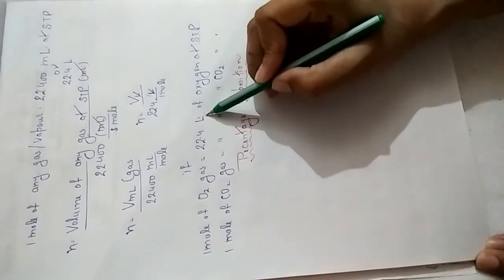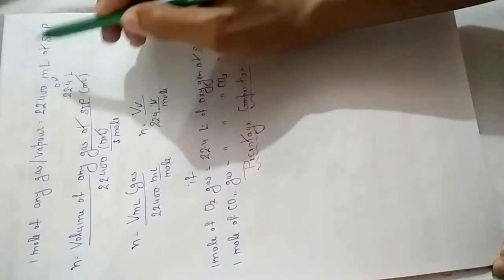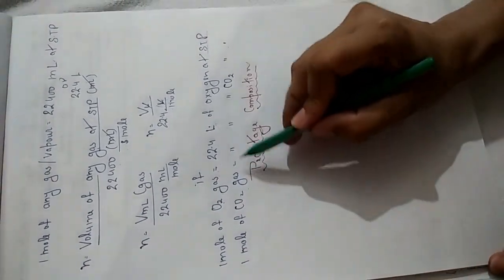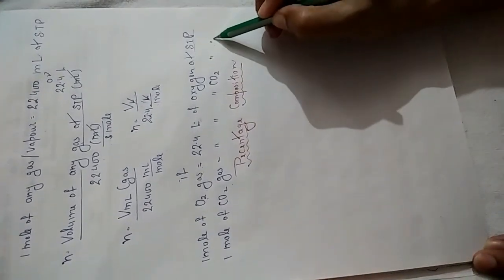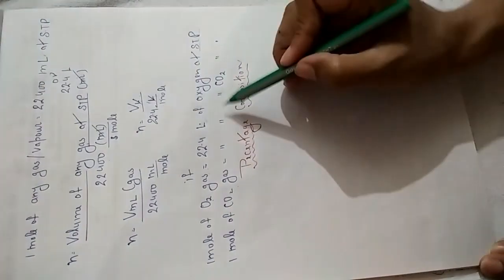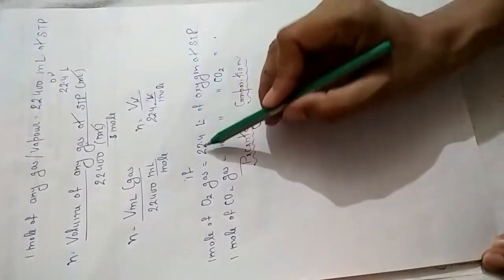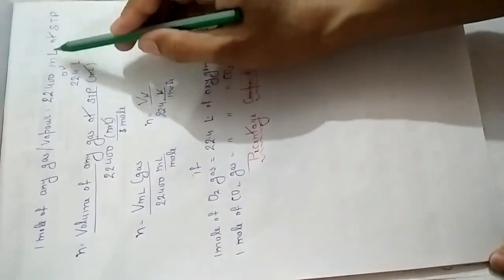If I am talking about ml, then in place of 22.4 I will use 22,400 ml. Same for CO2 gas also. 1 mole of CO2 gas equals 22.4 liter of CO2 at STP. Okay, here I am talking about liters. If I am talking about ml, then in place of 22.4 liter I will use 22,400 ml.